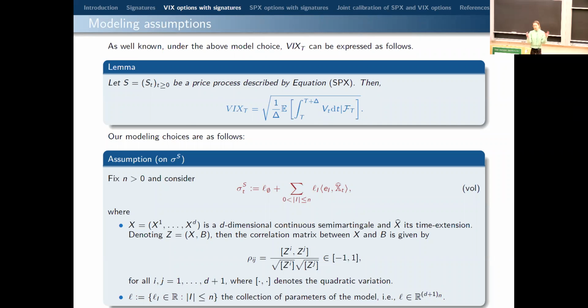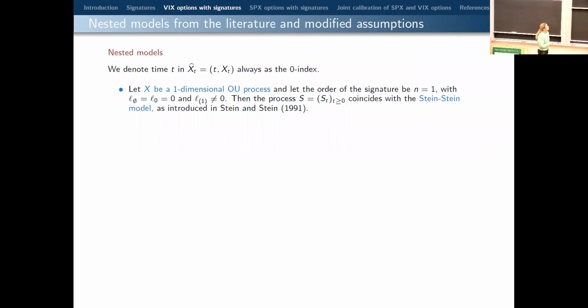And the semimartingale that we consider as primary underlying process is something fixed. As I already said, it can in principle approximate any stochastic volatility model which is, let's say, non-rough. But some models are also nested there.